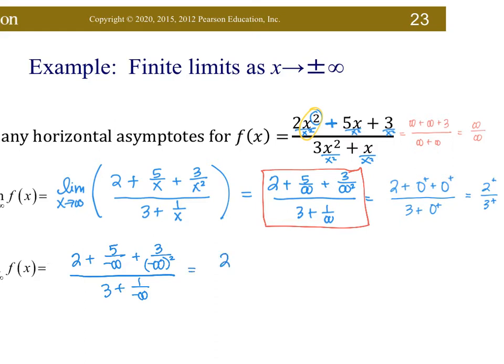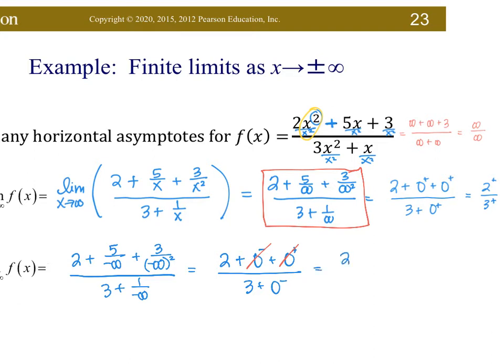So that's going to give me 2 plus 0 minus, and then plus 0 plus, over 3 plus 0 minus. So my 0 minus and my 0 plus cancel each other out.